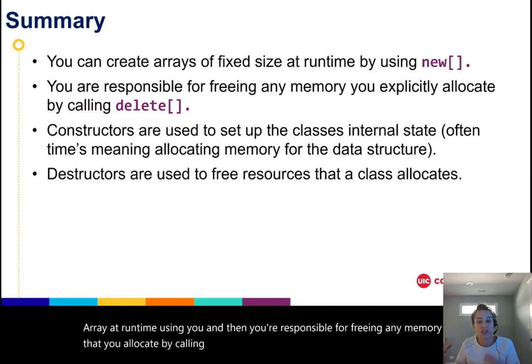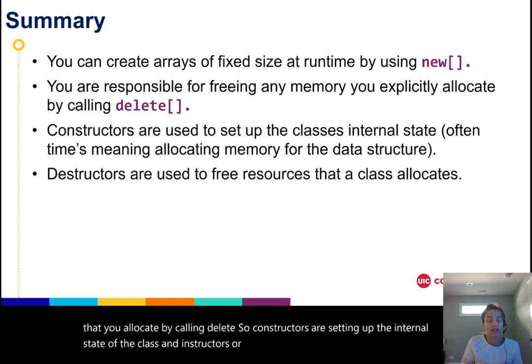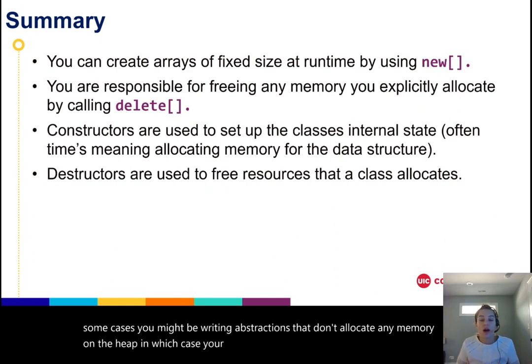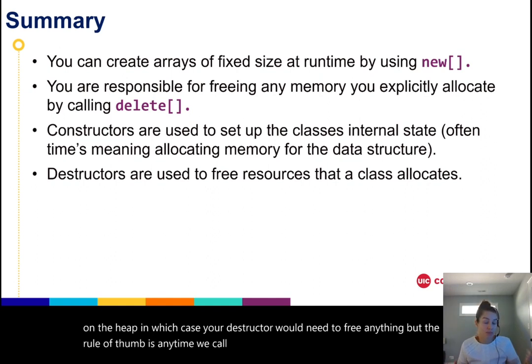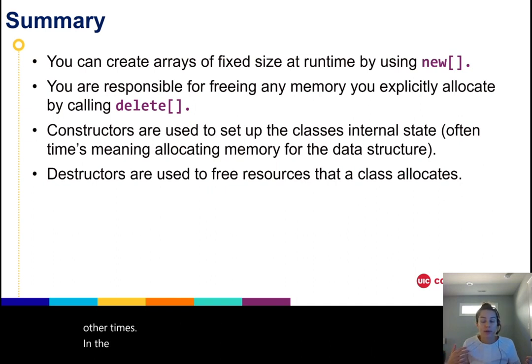So constructors are setting up the internal state of the class, and destructors are freeing any resources that the class allocates. In some cases, you might be writing abstractions that don't allocate any memory on the heap, in which case your destructor wouldn't need to free anything. But the rule of thumb is anytime you call new, you have to call delete. You typically call new in the constructor, or as you can see with the vector class, it also calls it a couple other times, like in the expansion and push back.